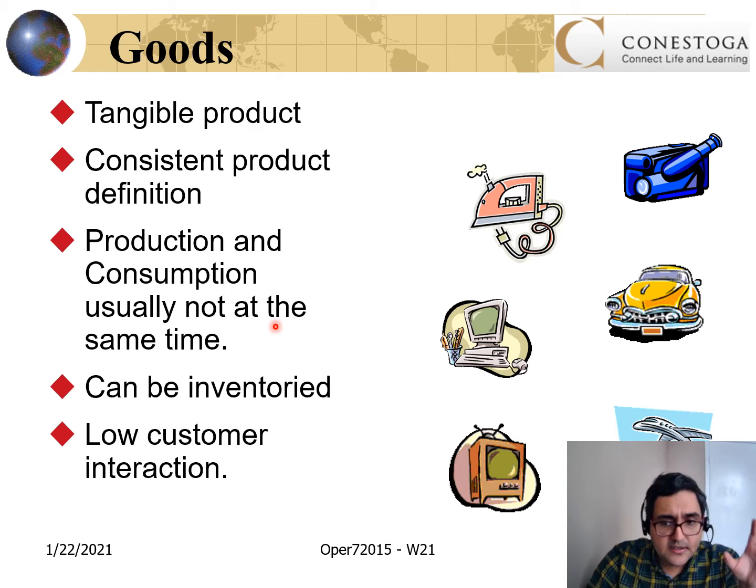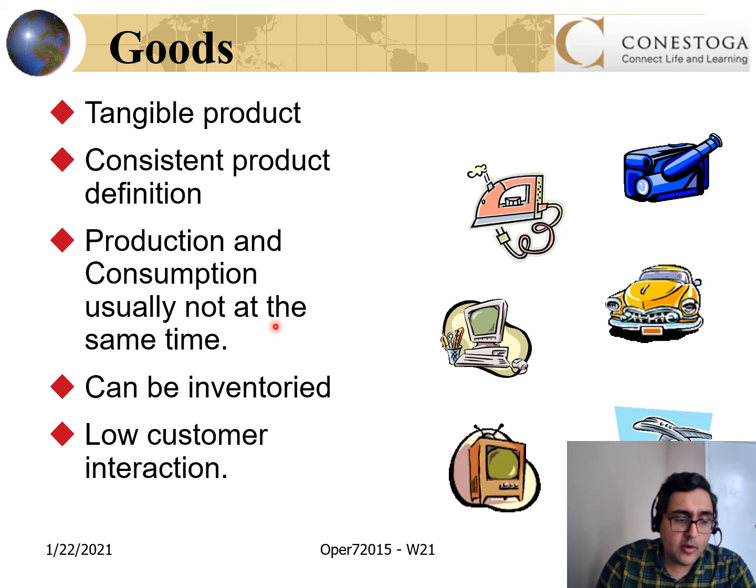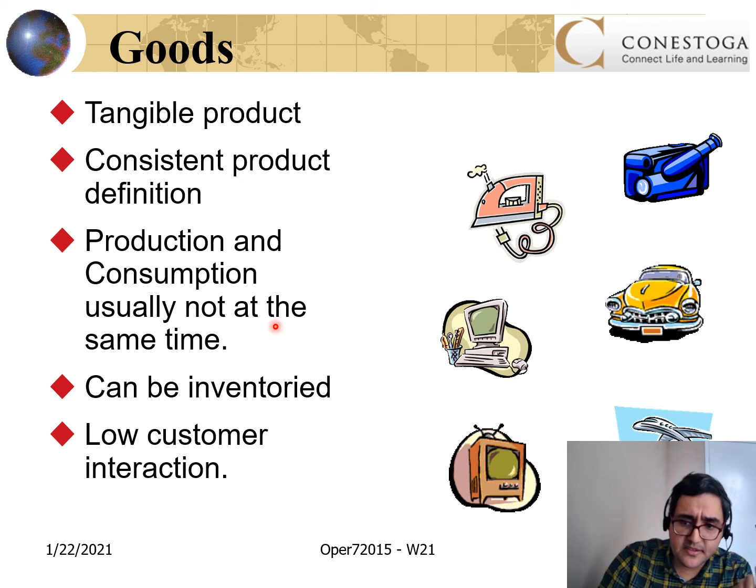Things are produced at a certain location in the world, at the factory, and then made available at different stores, where people go and purchase. And it can be kept as inventory. Inventory refers to the stock that you can hold. A mobile phone is an item that can be kept as stock.